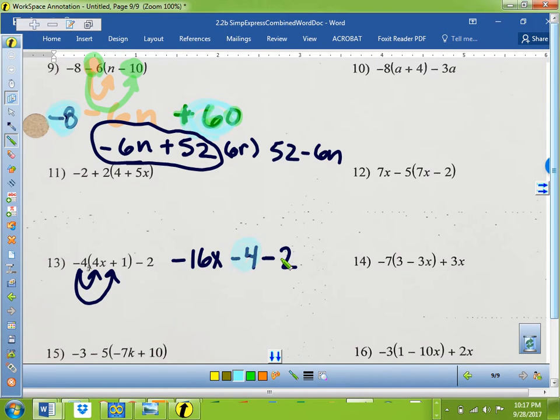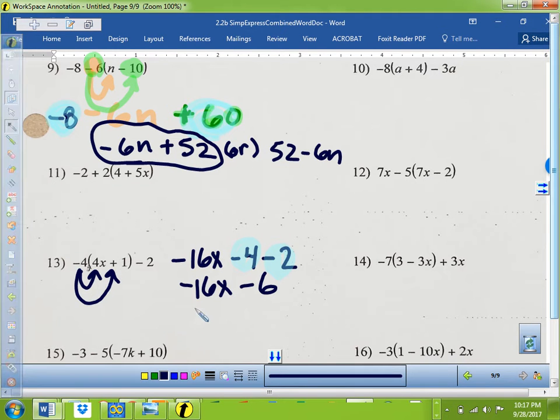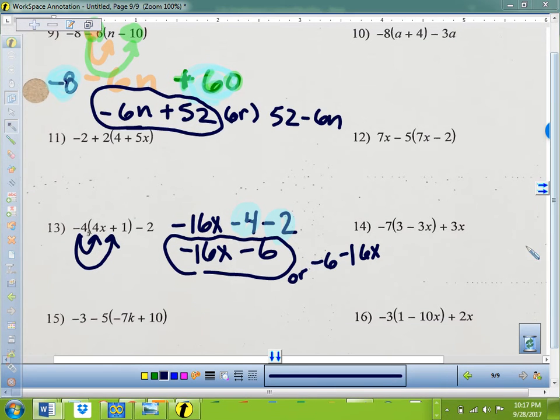I think I do. I've got -4 minus 2 there. That would be -6 if you simplify those two. I get -16x minus 6, or -6. You don't have to write both, but one or the other would work. -6 minus 16x. All right.